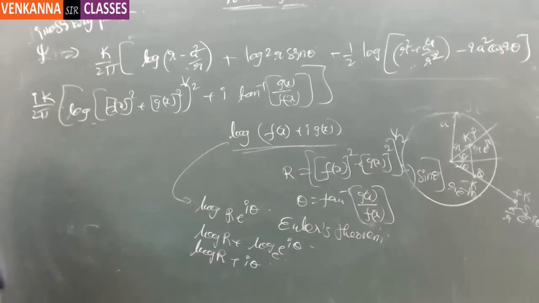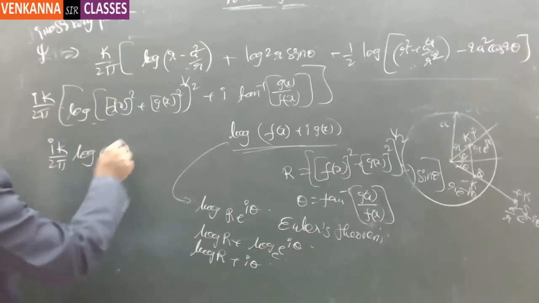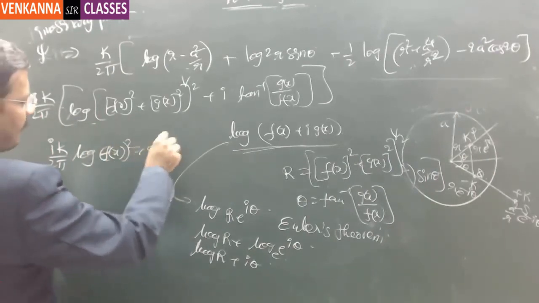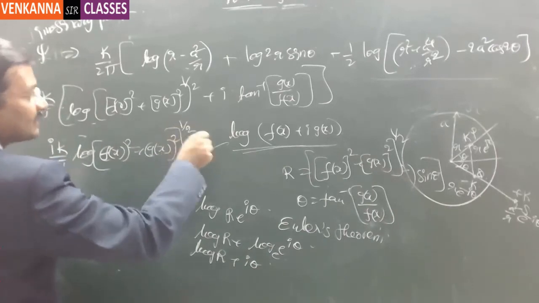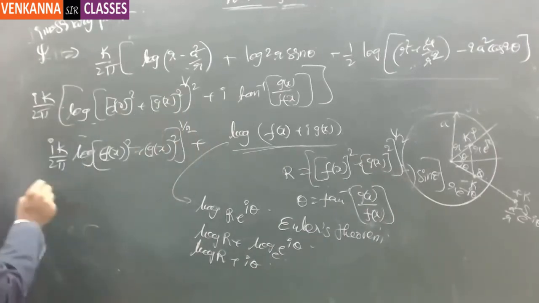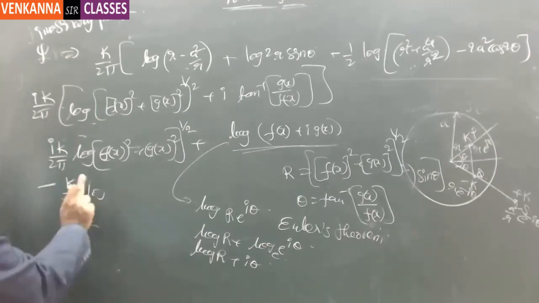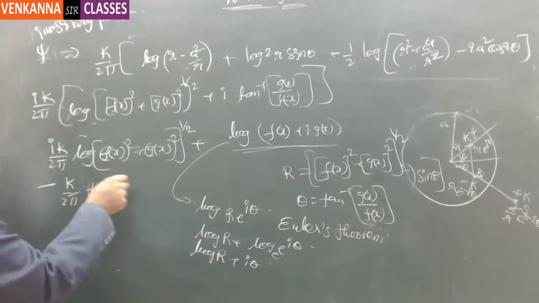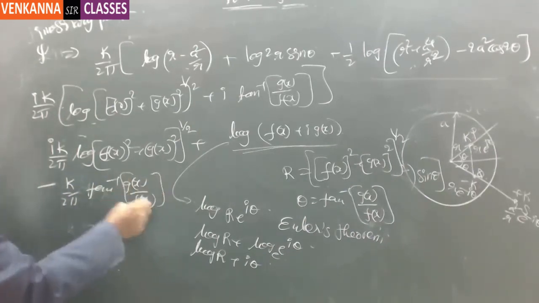If I multiply this inside, then this will be ik by 2 pi times log of f of x whole square plus g of x whole square, whole power 1 by 2, plus i into i will be minus k by 2 pi times tan inverse of g of x by f of x. So this is the methodology we are adapting.